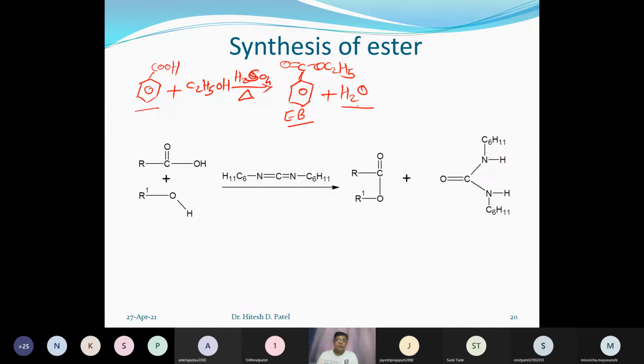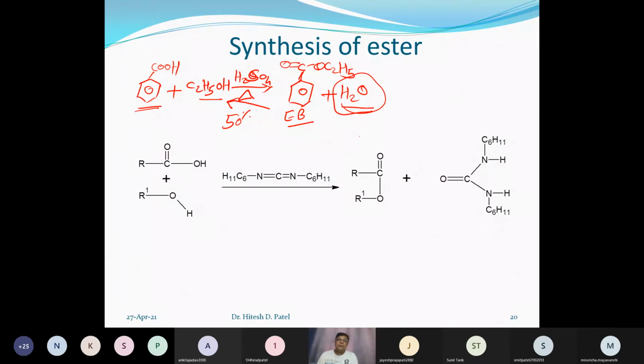When 1 mole of water is generated, what happens? The reaction condition is acidic, water is present, and that's why this ester further converts into ethanol plus benzoic acid. So at any point of time, we will get only 50% conversion due to the presence of water.